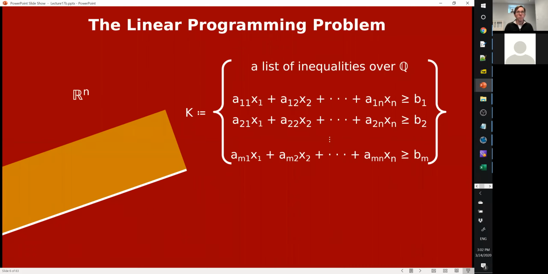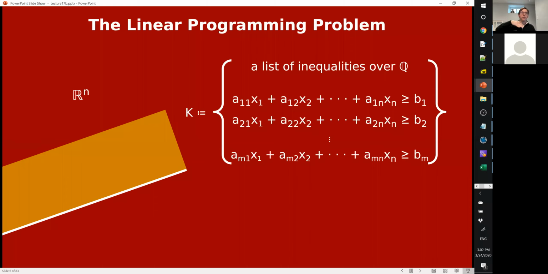There's a geometric interpretation to it. For every inequality like a1 x1 plus a2 x2 plus ... plus an xn, that's geometrically a half space. The set of points in real space that satisfy this is a half space. If you had equality like a1 x1 plus ... plus an xn equals b, that's a hyperplane.